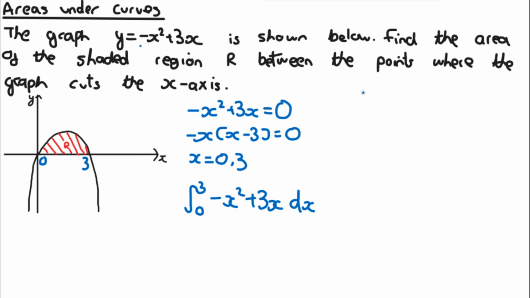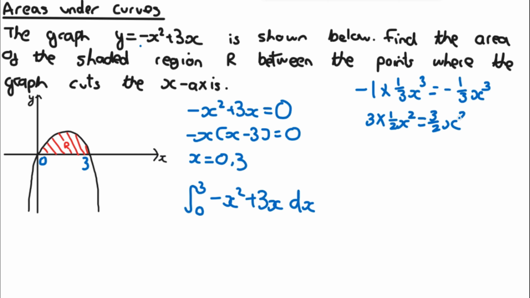So minus x squared is going to be minus 1 times, and then x squared integrated is going to be 1 over 3 x to the power of 3, which is going to be equal to minus 1 over 3 x to the power of 3, and then 3x is going to be 3 times, and x integrated is a half x to the power of 2, which is going to be 3 over 2, x squared.